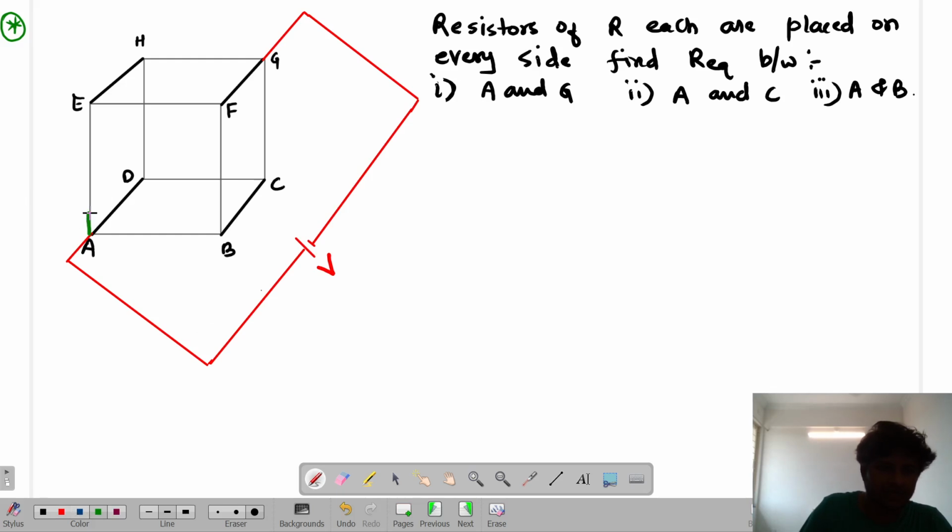Now the current will move this way or not? I1, I2, and I3. Are you able to get me? And here also the ending will be the same or not? See, if I1 is coming from this edge, so I1 must end up over here.